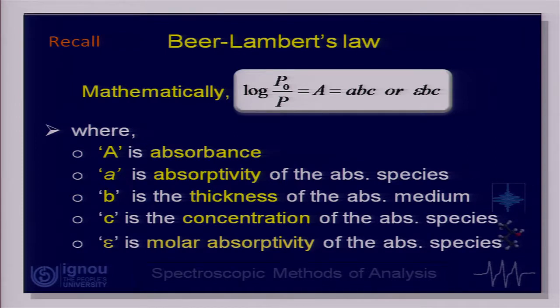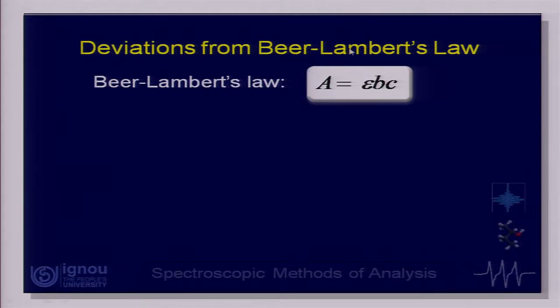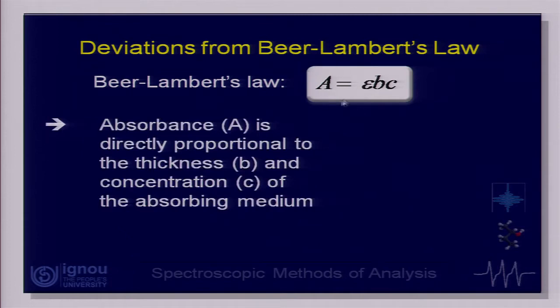Now, if this be the law, what do we expect? Since this expression is a linear expression, it means that absorbance A is directly proportional to b, the thickness of the medium, and c, the concentration of the absorbing species. Epsilon, the molar absorptivity, is the proportionality constant. Now, if I take b to be constant, then epsilon b becomes a constant.